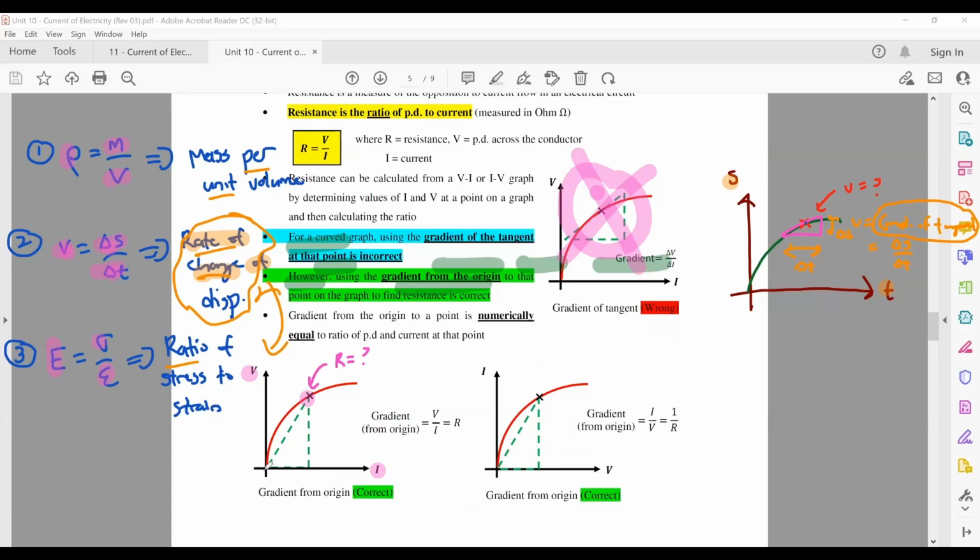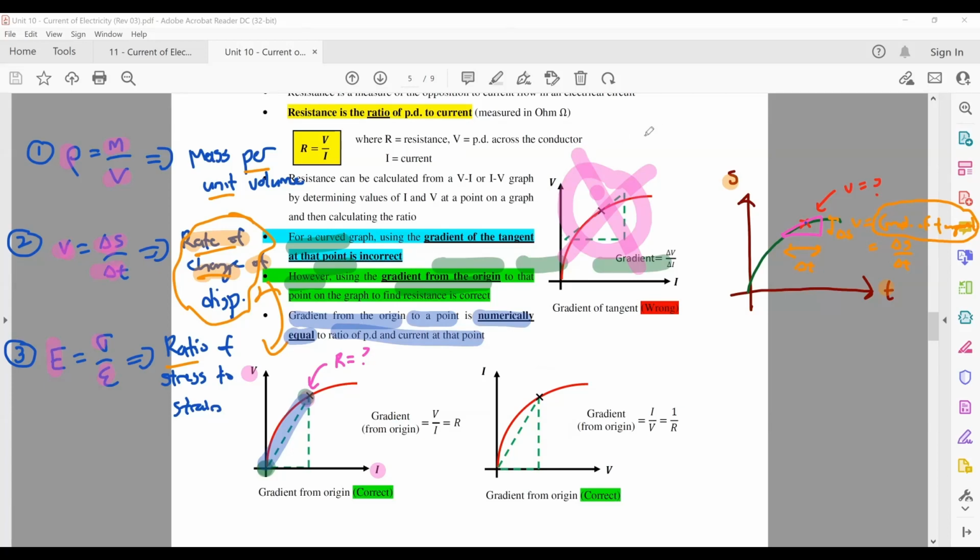What I mean by that is that just draw a line from the origin to that point and then find the gradient. That one will be your ratio already. Because what we'll tell you here is that gradient from origin to that point is actually numerically equal to ratio of PD to current at that same point.